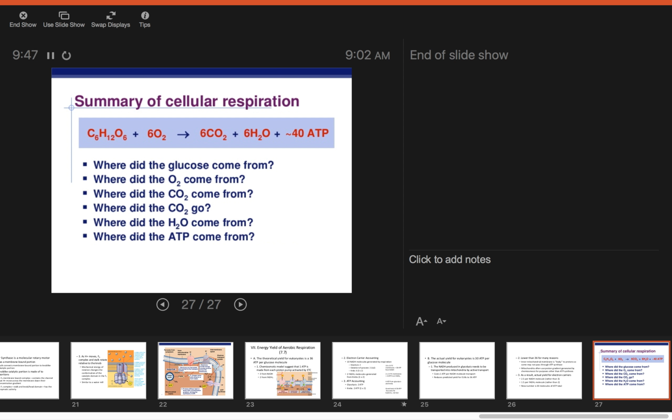Where does the oxygen come from? You breathe it in. Where does the CO2 come from? What process creates CO2? The Krebs cycle. Where does that CO2 go? Out and about, you exhale it. Where does the water come from? What process? The last step, the ETC.